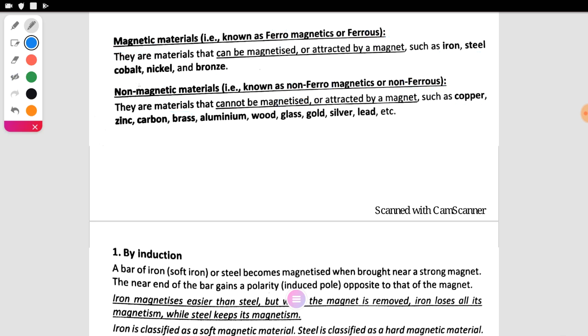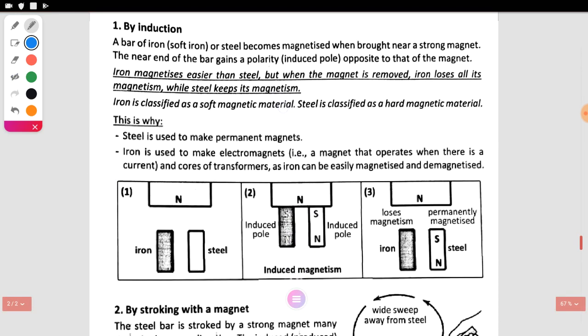How can you transfer a magnetic field from one substance to another? A substance can be magnetized by the first method, which is called induction. How can you magnetize a substance if you have steel or iron?